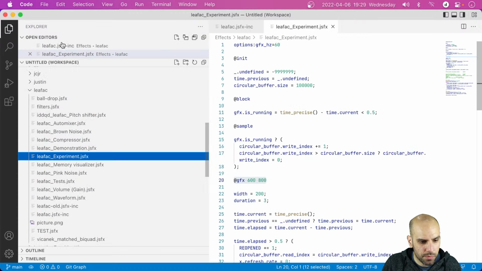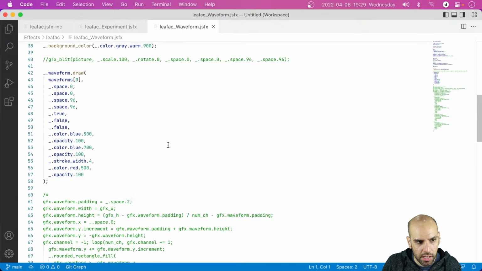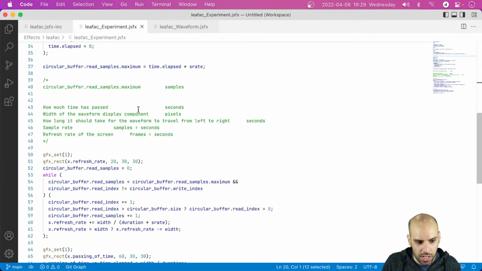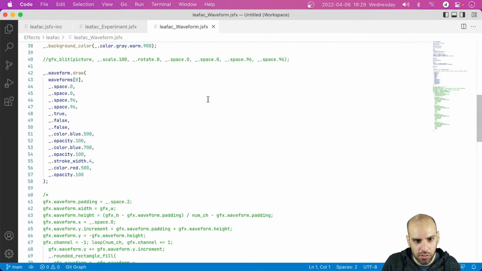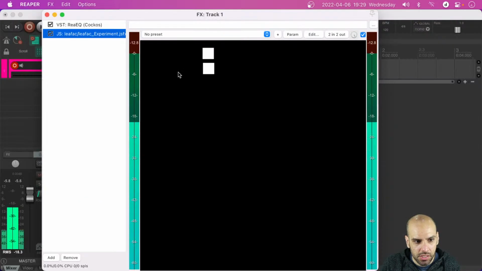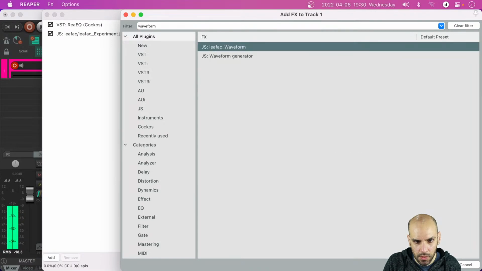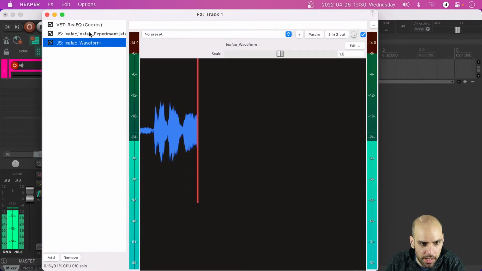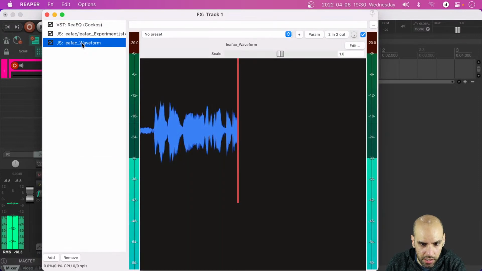So now it's just a matter of going into the waveform component and bringing over all these insights, implementing the waveform to take that into account, so it will behave better when you switch to some other effect and then come back.